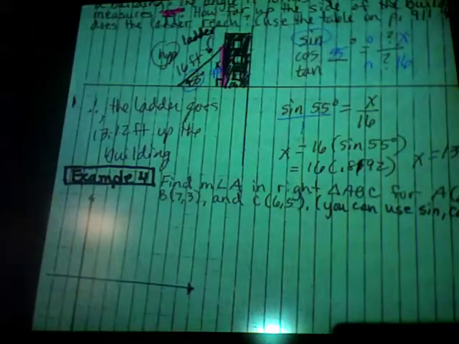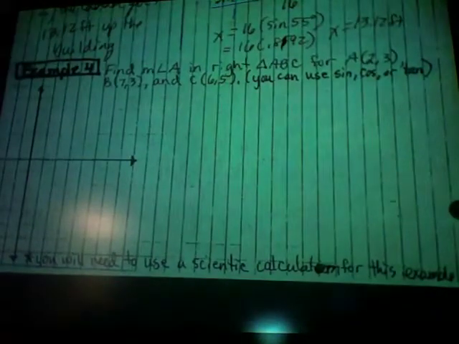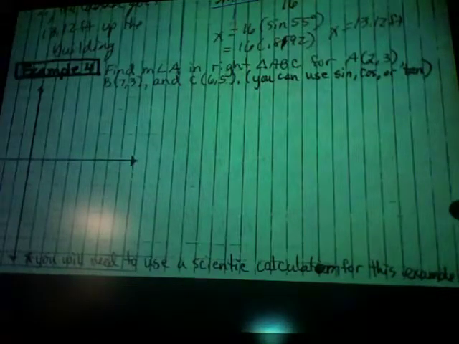Okay? I'm going to look at example 4 with you and see if we have something slightly different. All right, so let's go ahead and plot the points that they have given us. A is 2, 3.